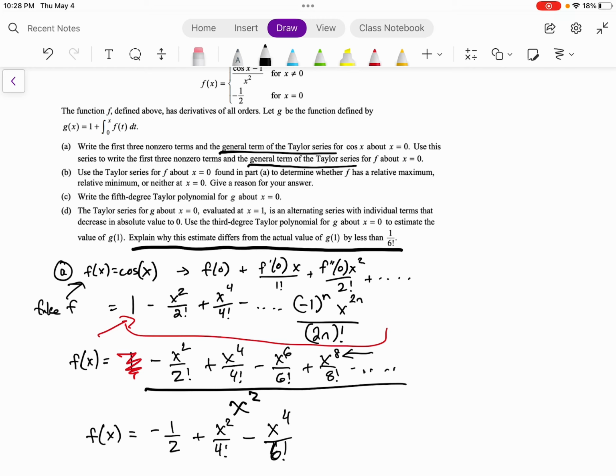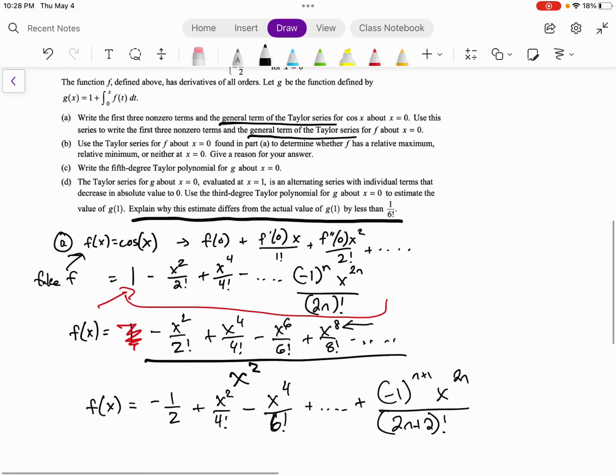So the general term is going to be something kind of simple: negative 1 to the n plus 1, because we want to start negative, and we're going to end up with x to the 2n over 2n plus 2 factorial. You can reason that out if you'd like.